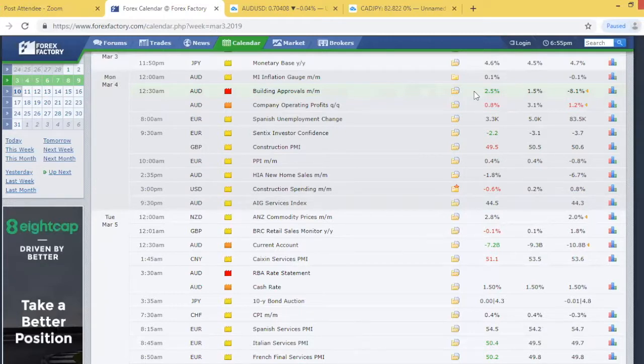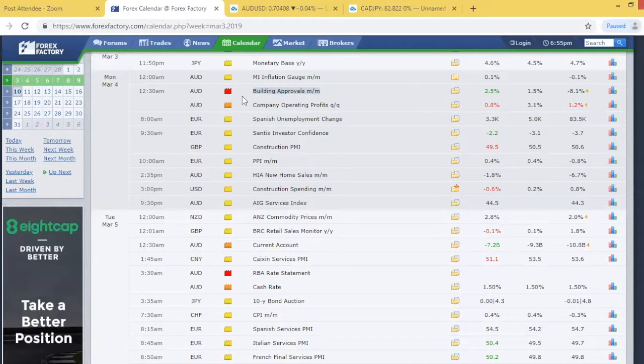But again, guys, we spoke last week that although the Reserve Bank of Australia is expecting good figures around the building and construction industry, around building permits, building applications, building approvals, and ultimately construction, as we spoke about last week, there was no real reason to buy the Aussie dollar on a macro basis.